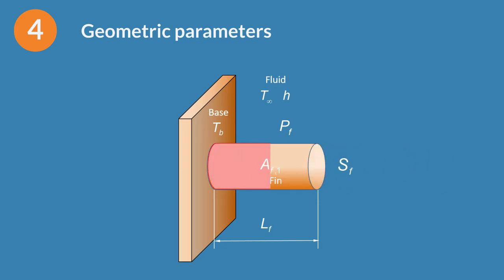AF1 is the surface of one fin. It is the contact area between the fin and the fluid. The fin area can be only the lateral area in contact with the fluid, for instance, for adiabatic tip fins. For convective tip fins, the tip area, which is the cross-sectional area, must be added.